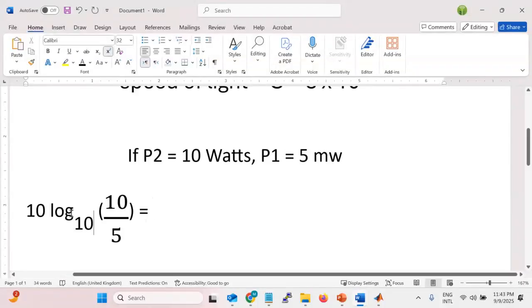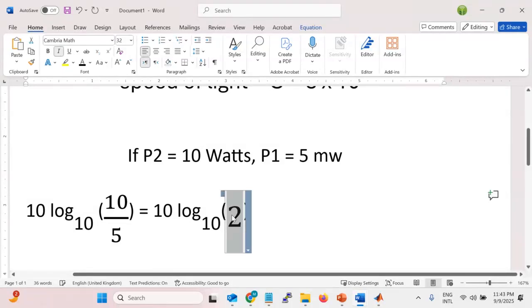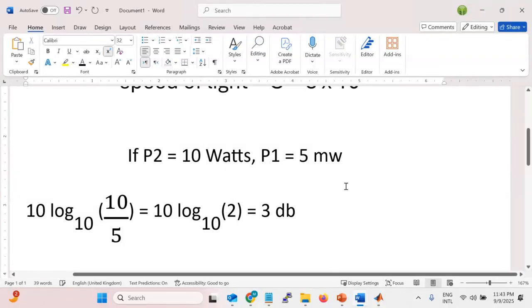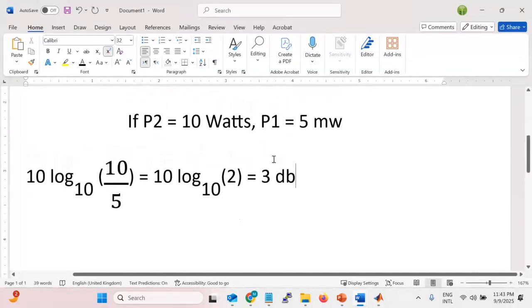This equals 10 log 2, which equals 3 dB, because P2 is double P1.